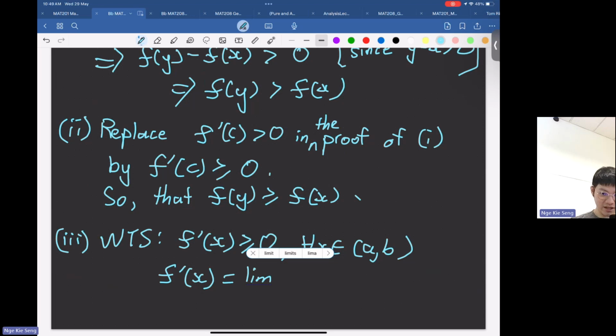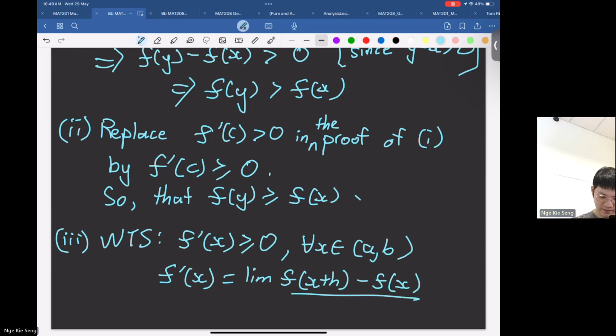Limit of f. Let's say we use the x plus h property, the equivalent definition. This limit here has to be greater or equal to 0. Okay, you need to show that this limit here has to be greater or equal to 0.